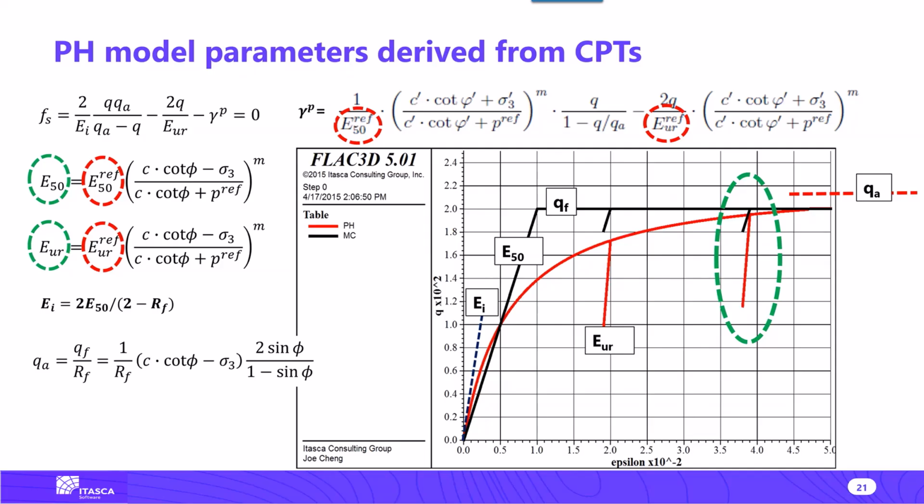So I usually start from the CPTs and determine the shear wave velocity, which is not available directly. From the shear wave velocity, we determine Emax, and then by applying some divisor or some factors, we determine E50 and Eur, unloading-reloading.